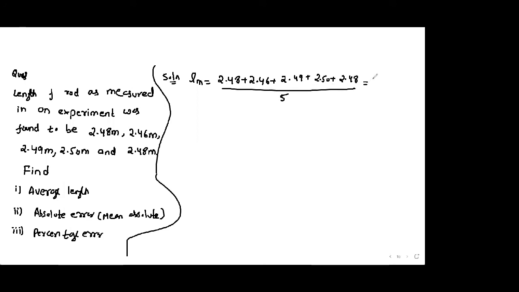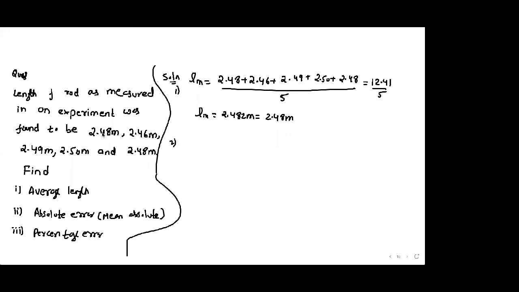When you add them up, it comes out to be 12.41 by 5. When you divide them, the mean value comes out to be 2.482 meter. If I round this off, it comes out to 2.48 meter. That's the first part.